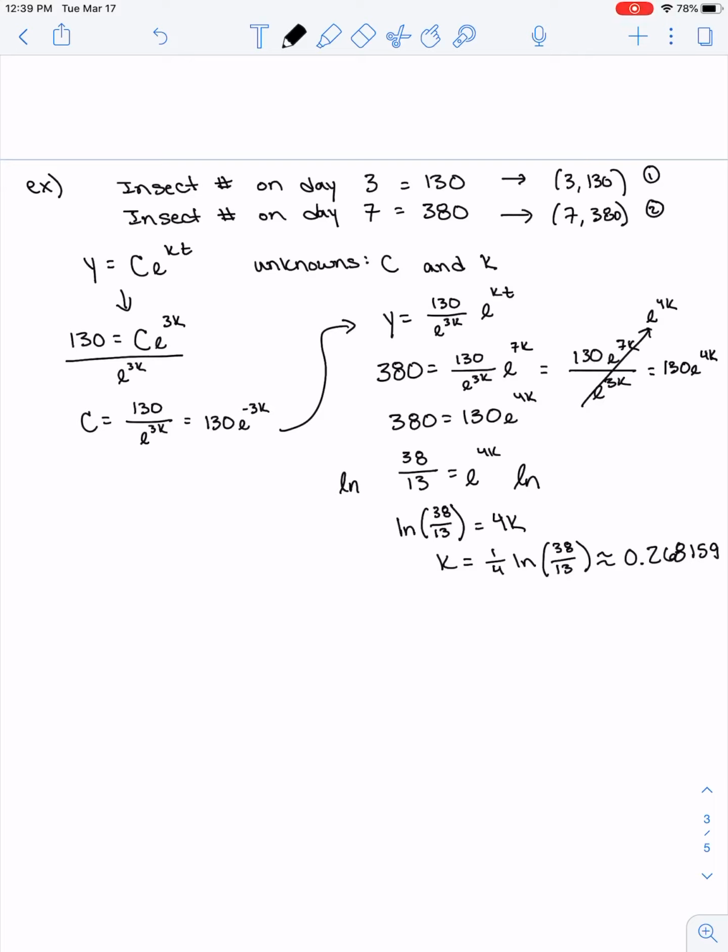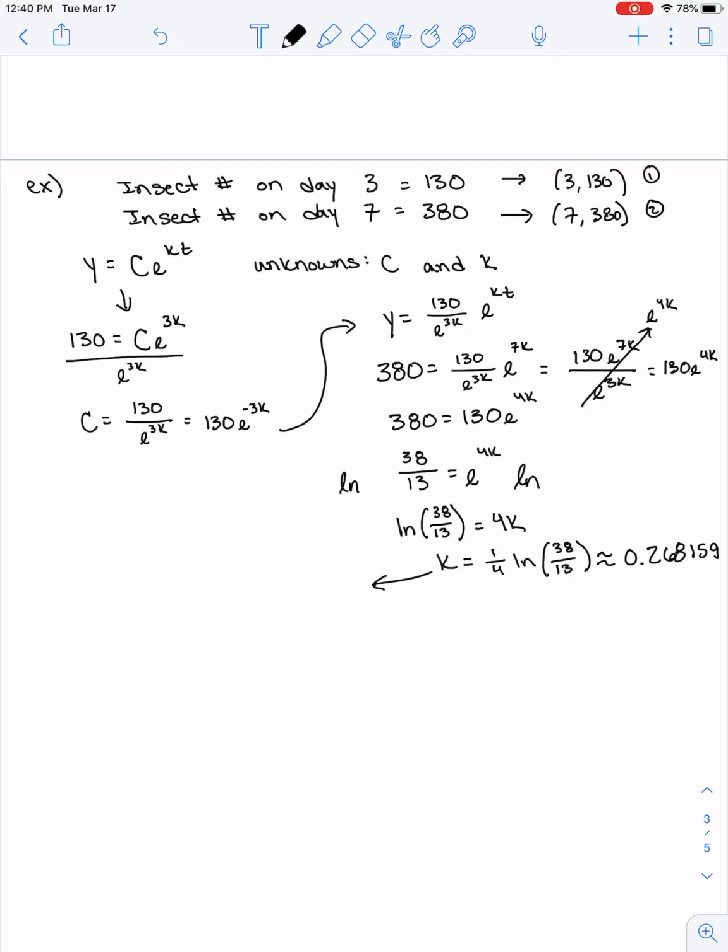So this is a good double check that this is a positive k value and we are having exponential growth. So now let's figure out what our initial amount was. So we're looking for what is y at some time. Well, first I guess we need our c, so we'll plug this back in.